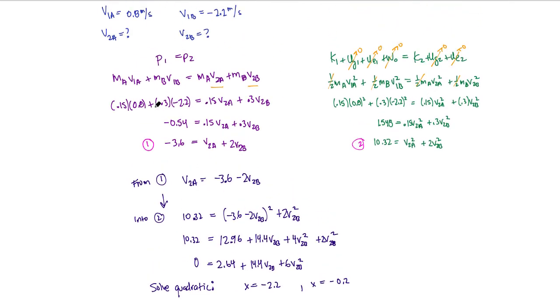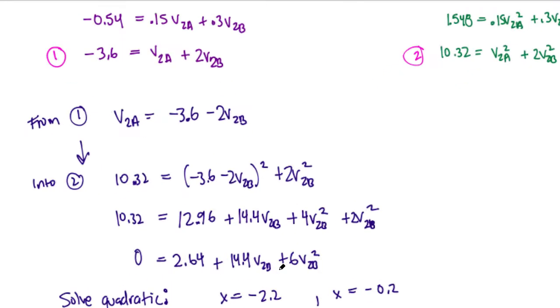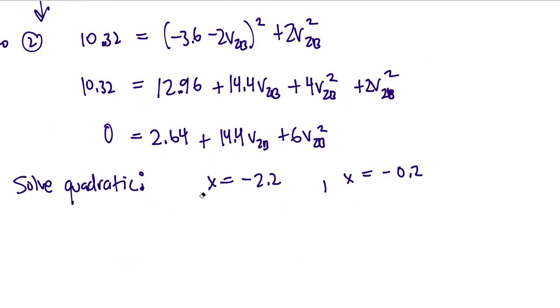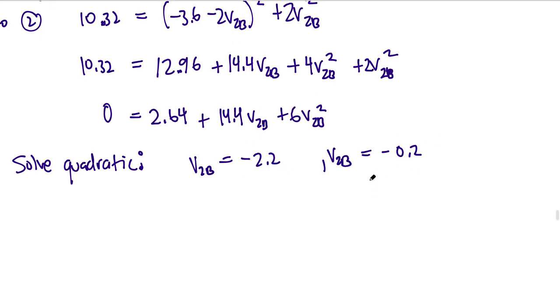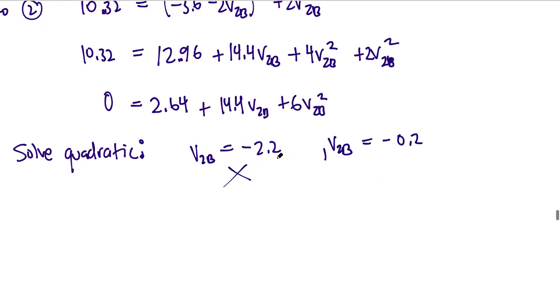It doesn't make sense for block 1 to remain at the exact same speed, so I'm going to reject the same value and say that my velocity is something new. So v2b I'm going to write as negative 0.2 meters per second, so that's to the left.